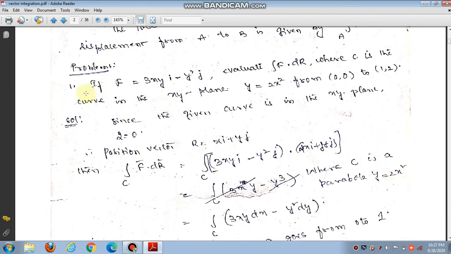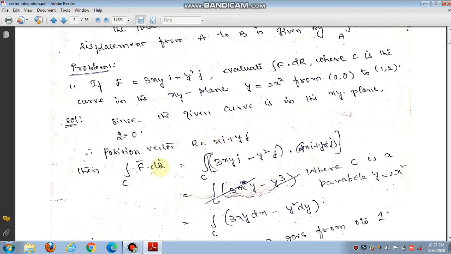Here I am taking one example. If f bar is equal to 3xy i minus y square j, evaluate the line integral of f bar dot dr bar, where C is the curve in the xy plane, y equals 2x square, from the point (0,0) to the point (1,2). Here in the solution, since the curve is given in the xy plane, we can write the value of z as 0 and the corresponding position vector in the xy plane is xi plus yj.